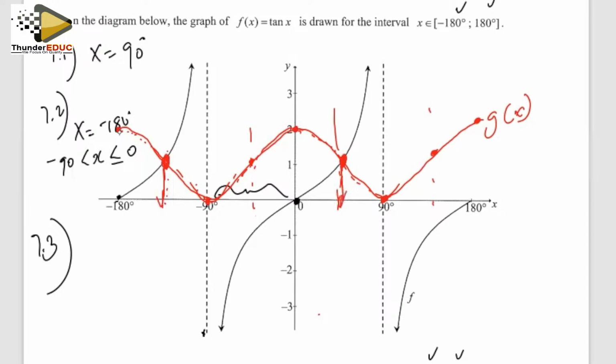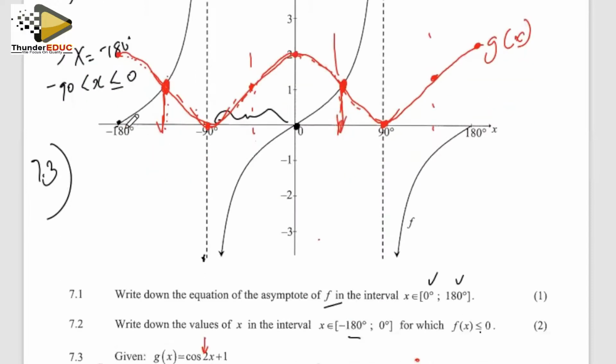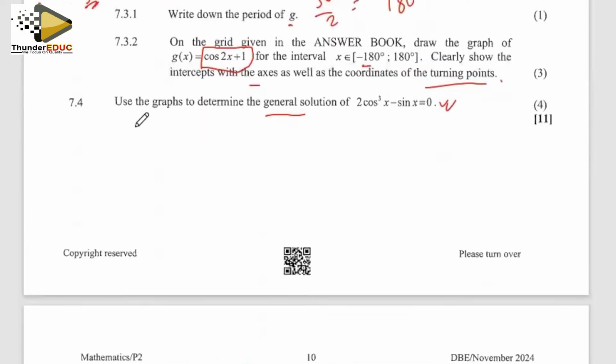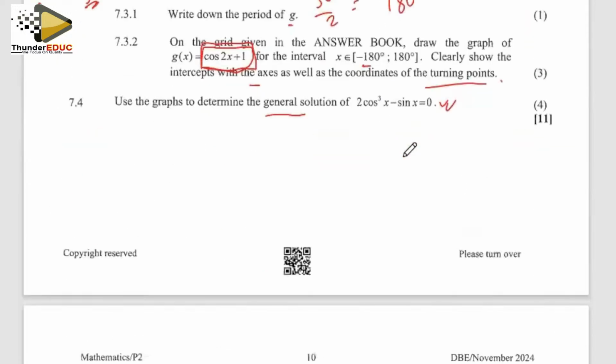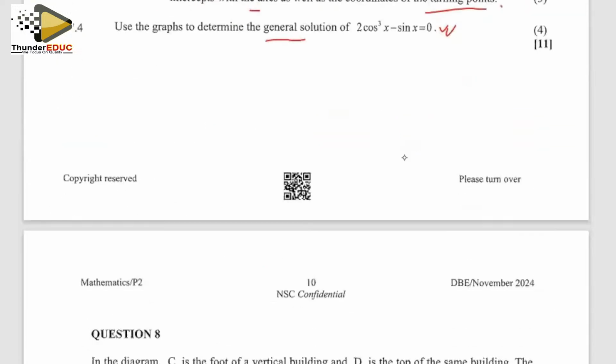General solution. Okay, so let's see. Step number 1, is it possible for us to express this entire thing in the form of cos 2x plus 1 as well as the tan x? That should be the first target. If we can do that, then we can get our answers.